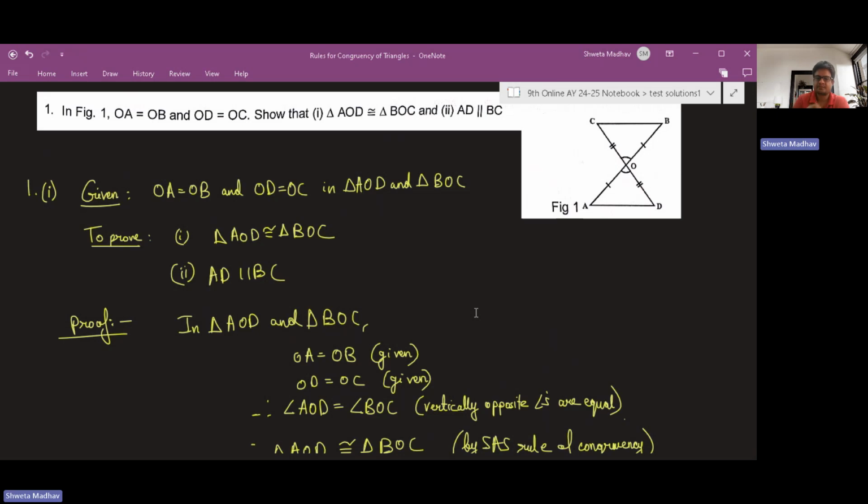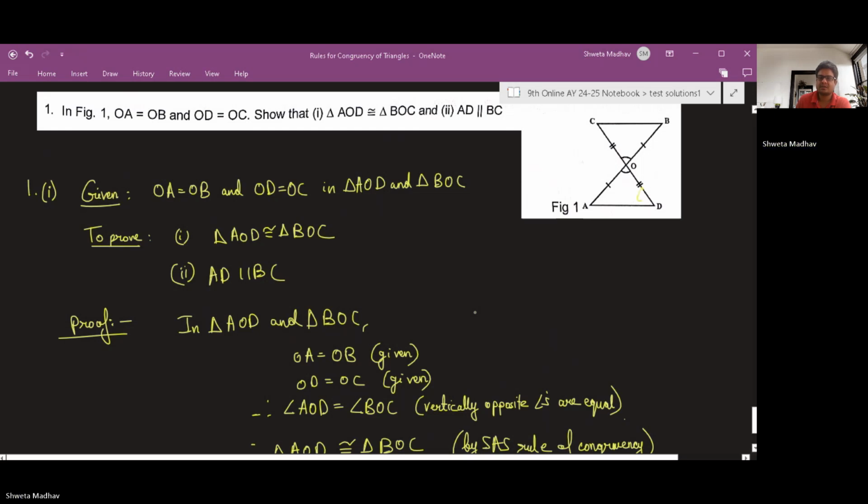Then we have to show that AD is parallel to BC.